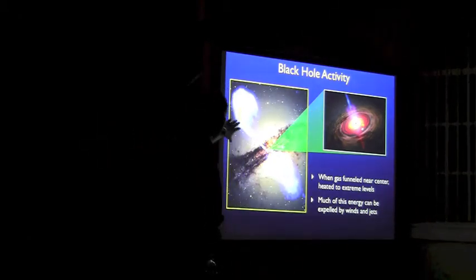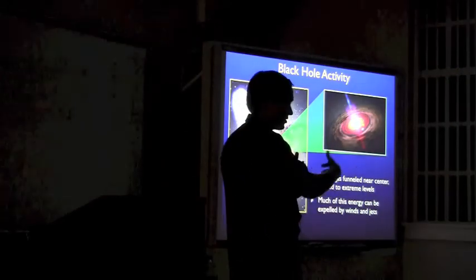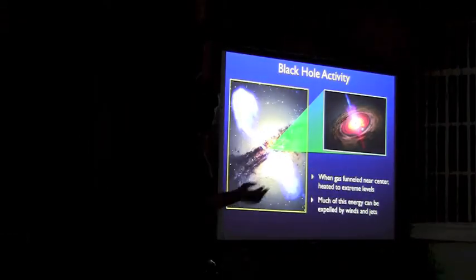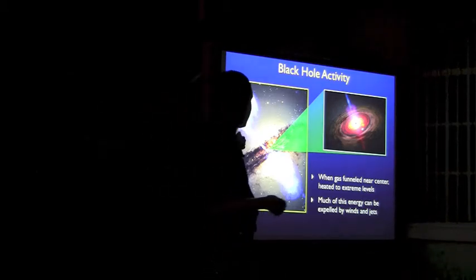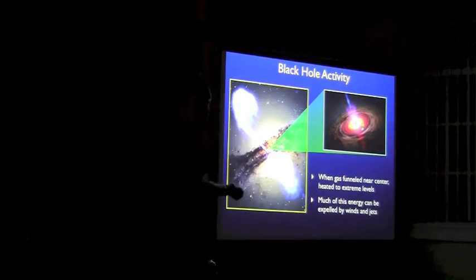And so this is seen here in jets that are coming out of the galaxy. So these are extremely energetic events that launch this material that used to be in stars and was recycled out of stars, out into intergalactic space, removing it from the galaxy entirely. So this material is then no longer available to form more stars.